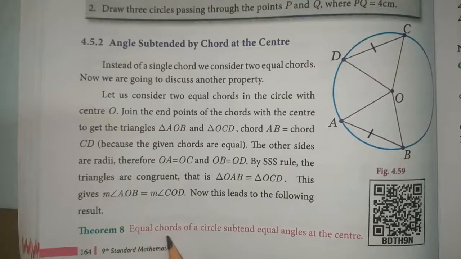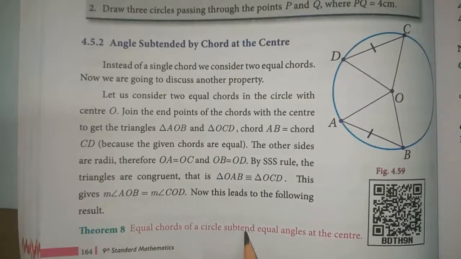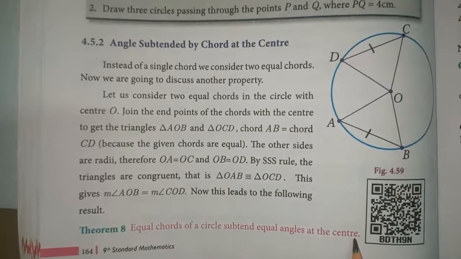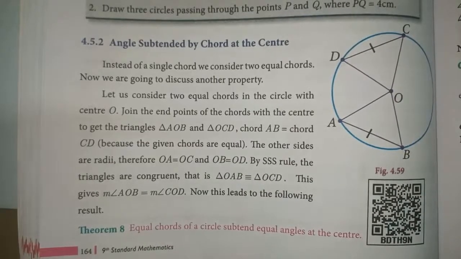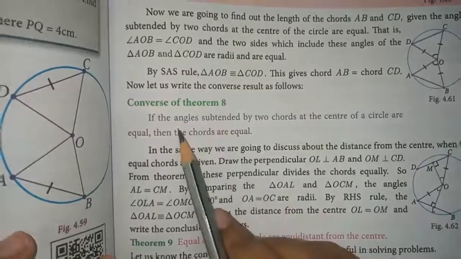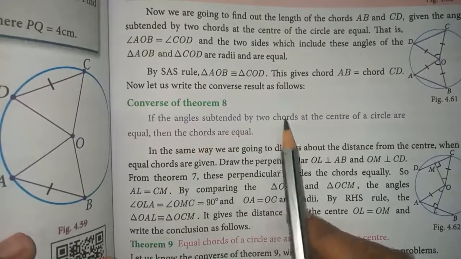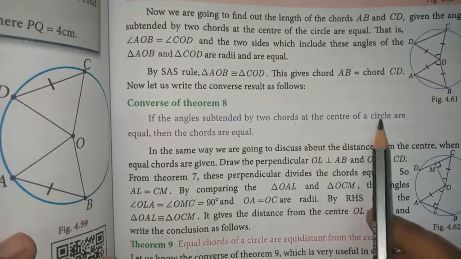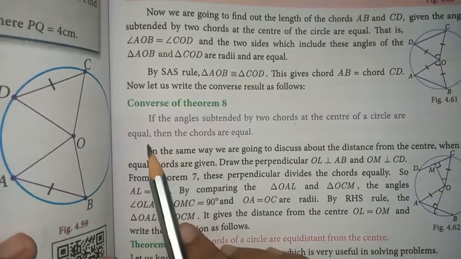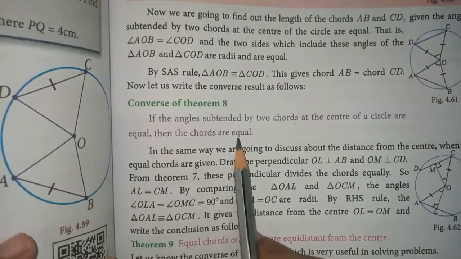Theorem 8, equal chords of a circle subtend equal angles at the center. Converse of theorem 8, if the angles subtended by two chords at the center of a circle are equal, then the chords are equal.